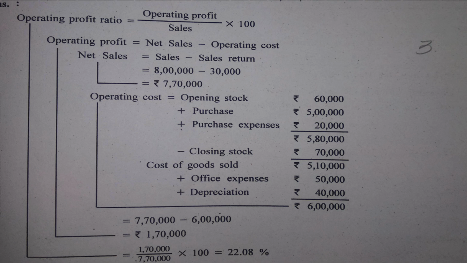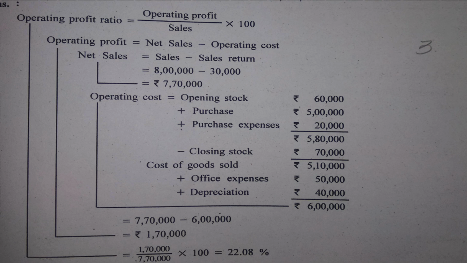So putting these figures in the formula of operating profit, it is 7,70,000 minus 6 lakh, which gives you 1,70,000. So 1,70,000 is operating profit.